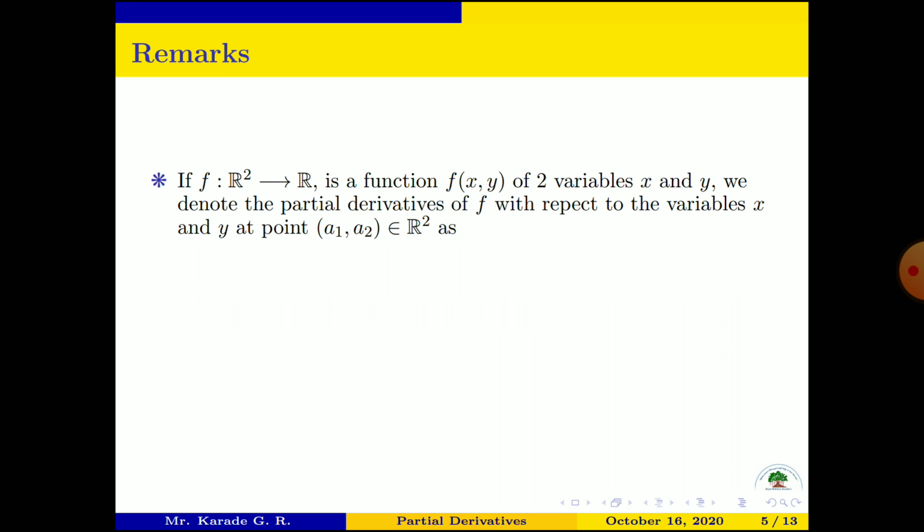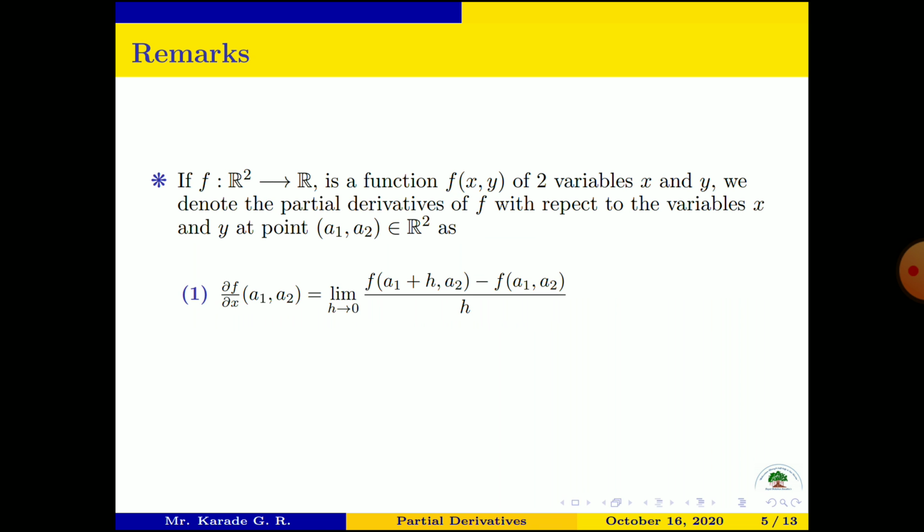If f is a function from R2 to R, a function f of x comma y of two variables x and y, we denote the partial derivative of f with respect to variables x and y at point a1 comma a2 in R2 as follows. First of all we write the partial derivative of function f with respect to x like this.